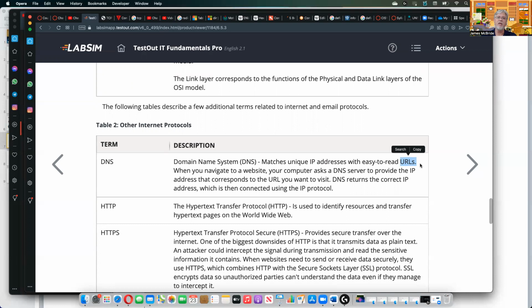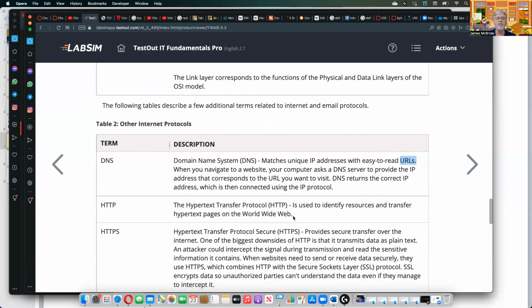If the name's there, I hit it, but it doesn't use the name to make the phone call. It uses the phone number to make the phone call. DNS is exactly the same thing. For all these, Google.coms and Bing.coms and everything.coms, the DNS servers are matching those names to numbers. It's a big, massive directory that does that.